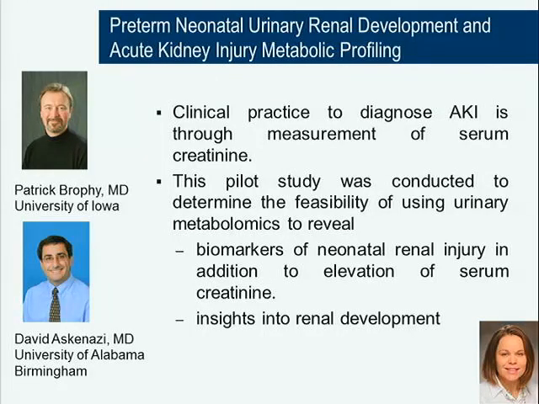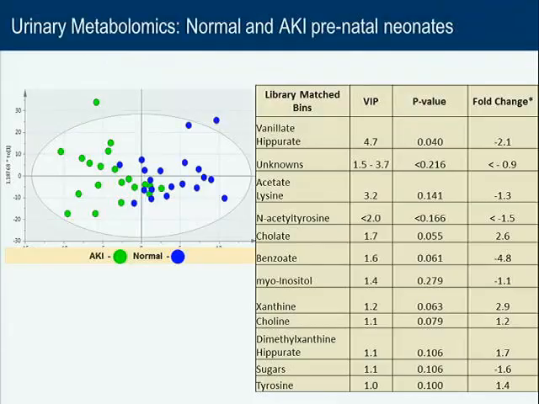So what Pat and David have told us is that with their preterm babies, they really need to have a better understanding of which ones are going to develop acute kidney injury, because that could change their course of treatment of the preterm babies early on if they knew who was going to get it and who wasn't going to get it. So we started off by looking at cases and controls, because that's always a really good way to start.